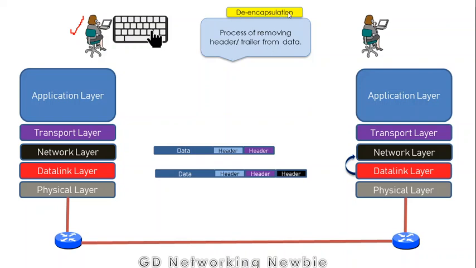So de-encapsulation is the reverse process: in encapsulation we added the header, and during de-encapsulation we remove the header. Each layer removes the header introduced by the respective layer on the transmitting end. So the network layer hands over to the transport layer, and when the transport layer receives a segment, it removes the header which was introduced by the transport layer.